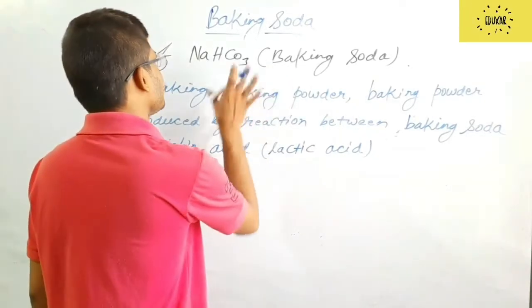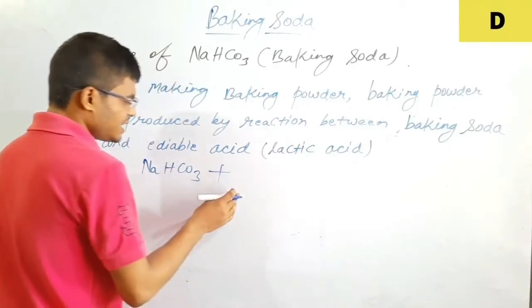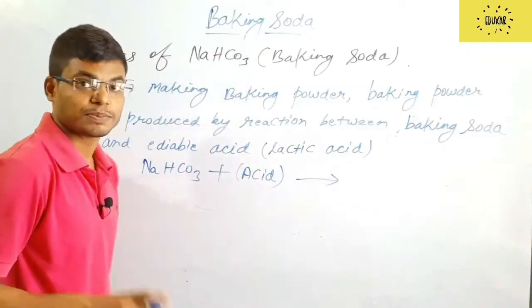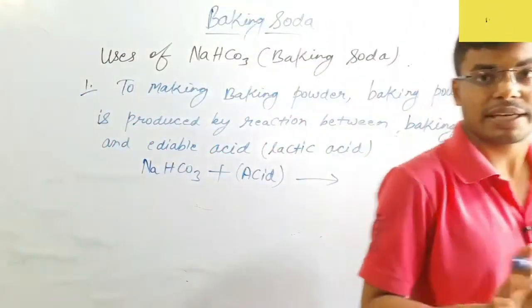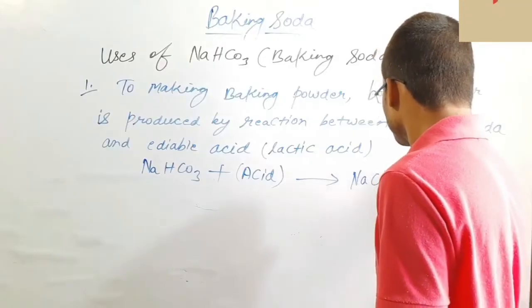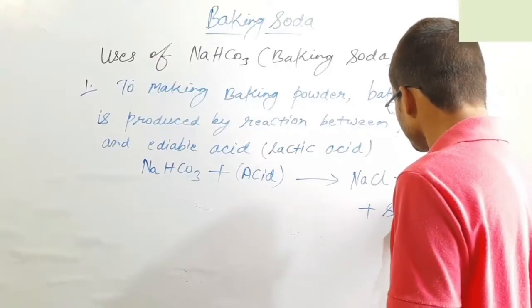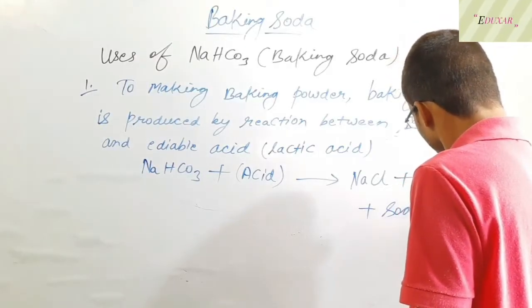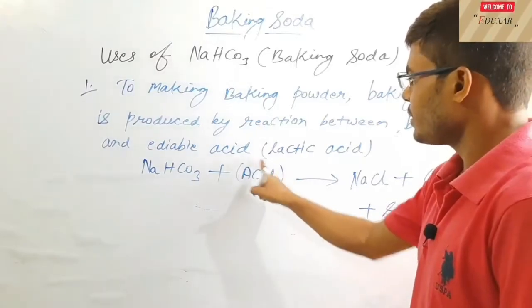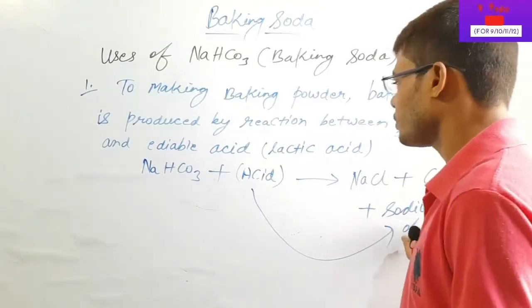Likewise, here is an example related to this use: NaHCO3, whenever we react it with any acid, and you must know that the acid contains the H plus ion, then we get NaCl as a product, CO2 and the sodium salt of the acid. It depends on which type of acid we use, we get the related sodium salt here.